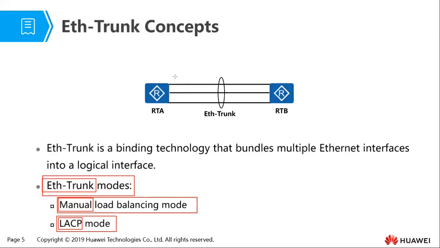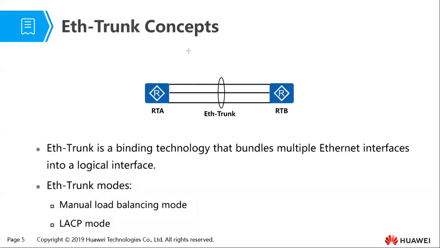Now, other than saving IP addresses and also increasing bandwidth, the other advantages of link aggregation include load balancing. Load balancing means each of these links is going to carry data in equal percentages. Then it also enhances reliability in your network.